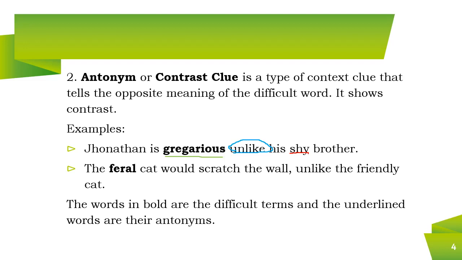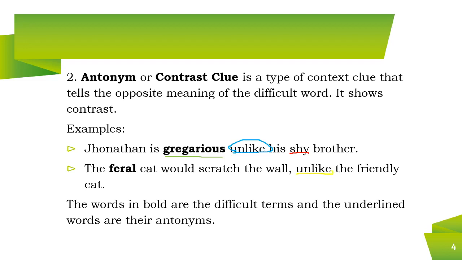Okay. So, next, the feral cat would scratch the wall, unlike the friendly cat. So, again, we can determine that this sentence used antonym or contrast clue because there is a word that signifies antonym or opposite. And that is the word, again, unlike.